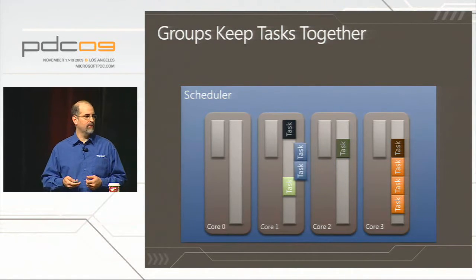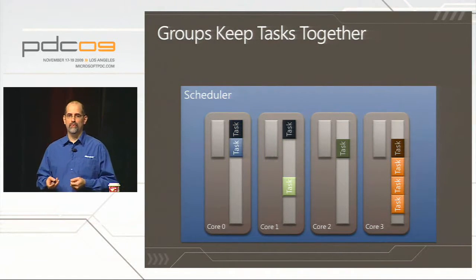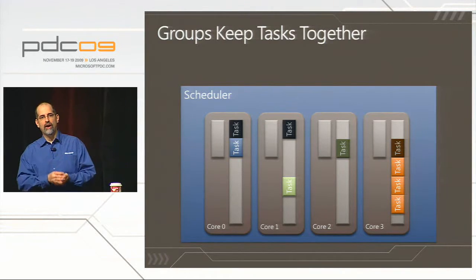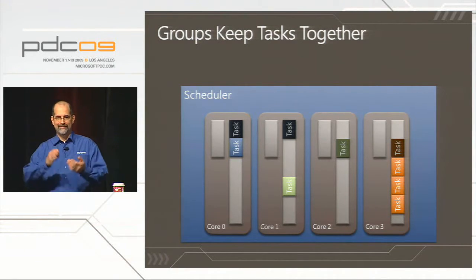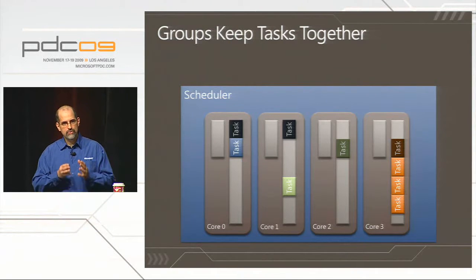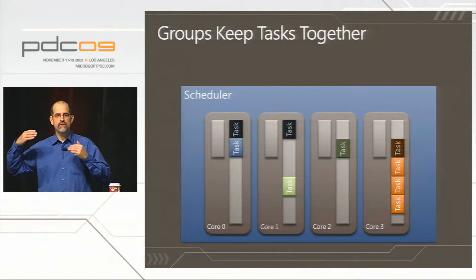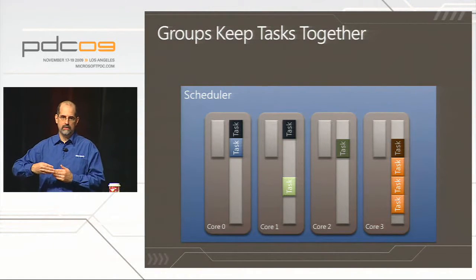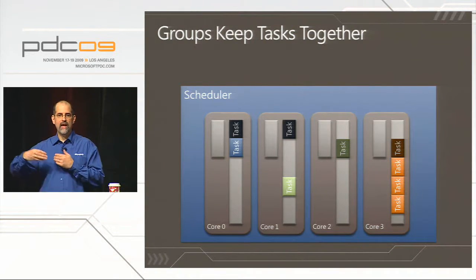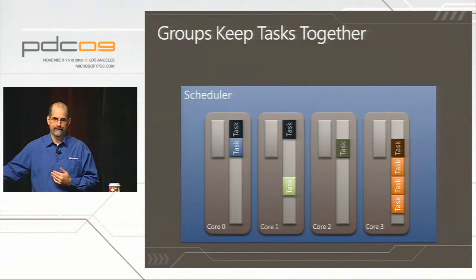It goes after the tasks that are in the same group that it was running. So our algorithm here is to look internally at this particular core, and when we're done, reach outside to the last group that we were running. Only if that's empty do we go to another group.